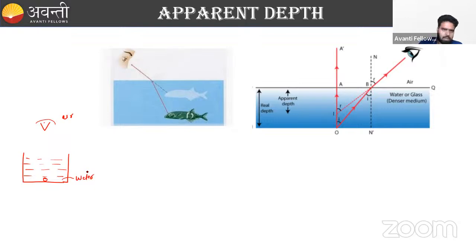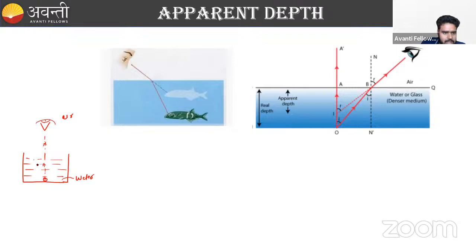Then we can't see the object at its original position because of refraction. If we consider a ray coming from the object in this direction, this is the case of normal incidence and the light goes directly to our eye.